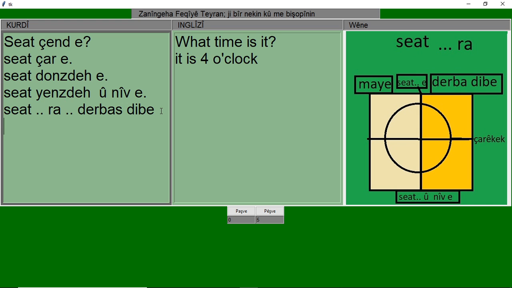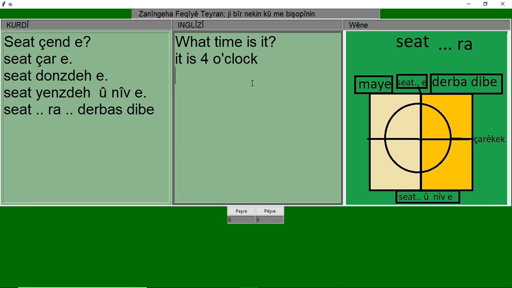For example, I want to say a time, let's say it is 10 past 4.